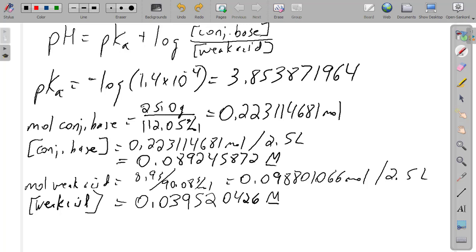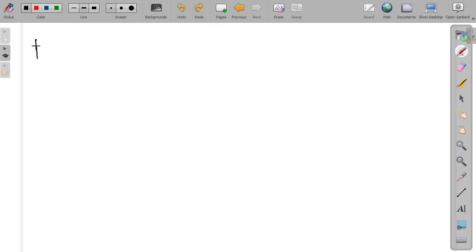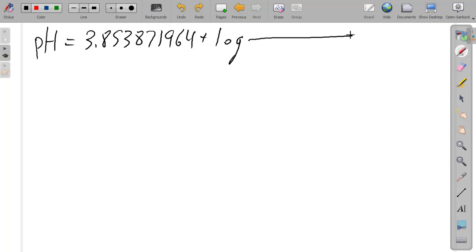Let me get to a new page here to write on. pH equals the pKa value of 3.853871964 plus the log of 0.089245872 over 0.039520426.